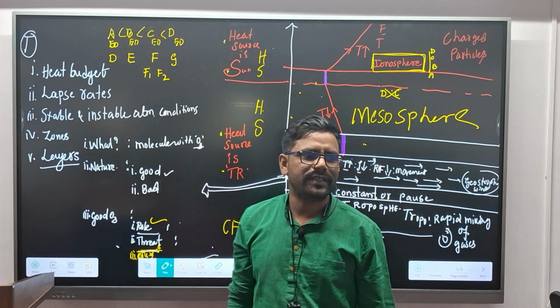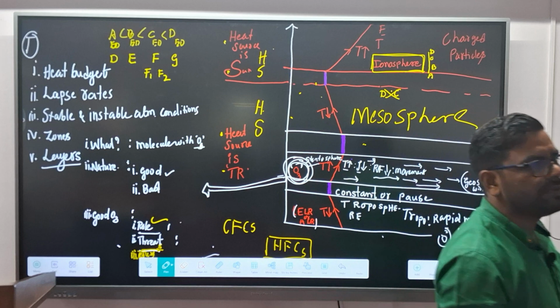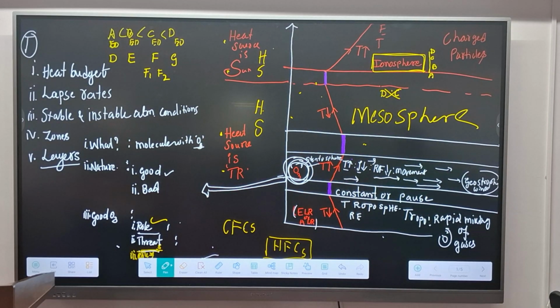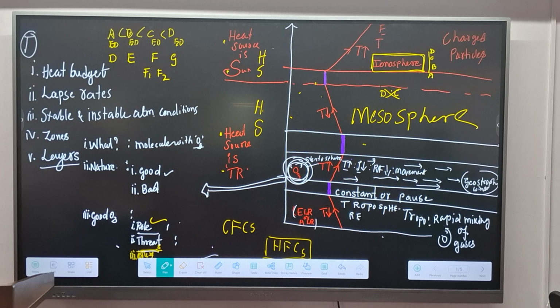Now tell me which layer reflects more? D and E? E. E, right? E it was. And after that F or F1, next F2, next G. Like this. Just remember this much.